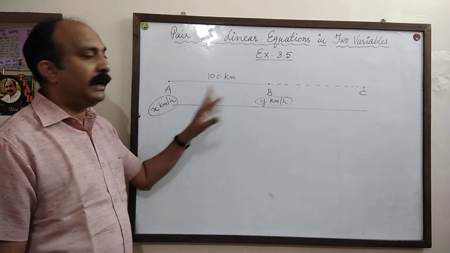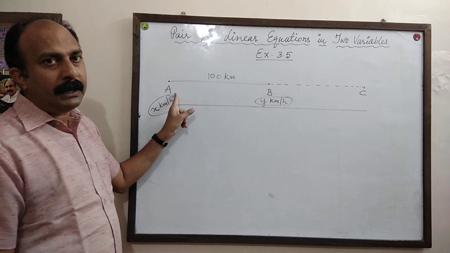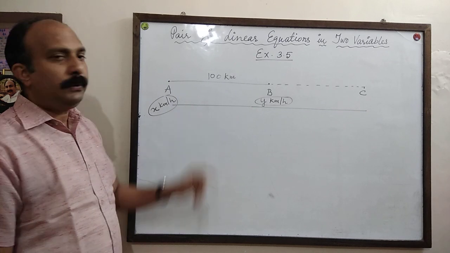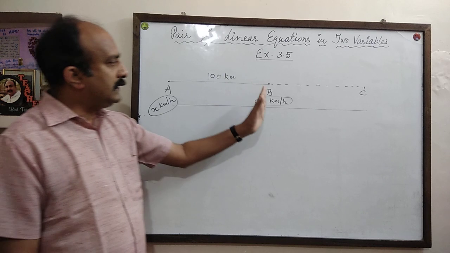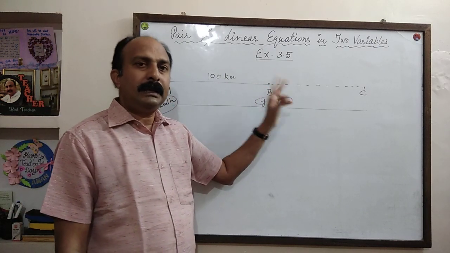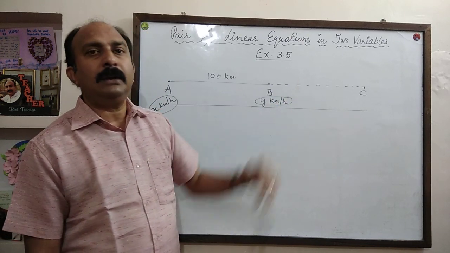So x into 5, 5x. So distance traveled by car A in 5 hours is equal to 5 into x equal to 5x kilometer. In the same way, what is the distance traveled by car B in 5 hours? Again, distance is equal to speed into time. Y into 5 equal to 5y.